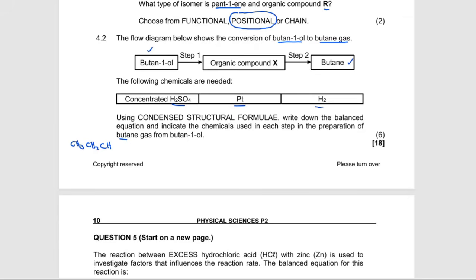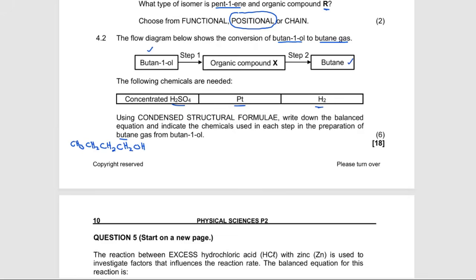Butane: 1, 2, 3, 4. So it should have how many carbons? 4 carbons, right? Then I'm going to say OH there, right? Because it was an alcohol, right?